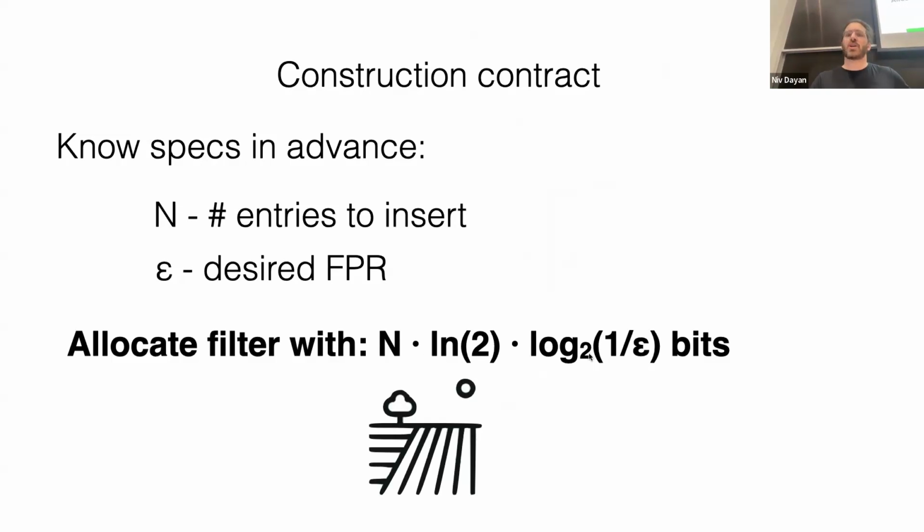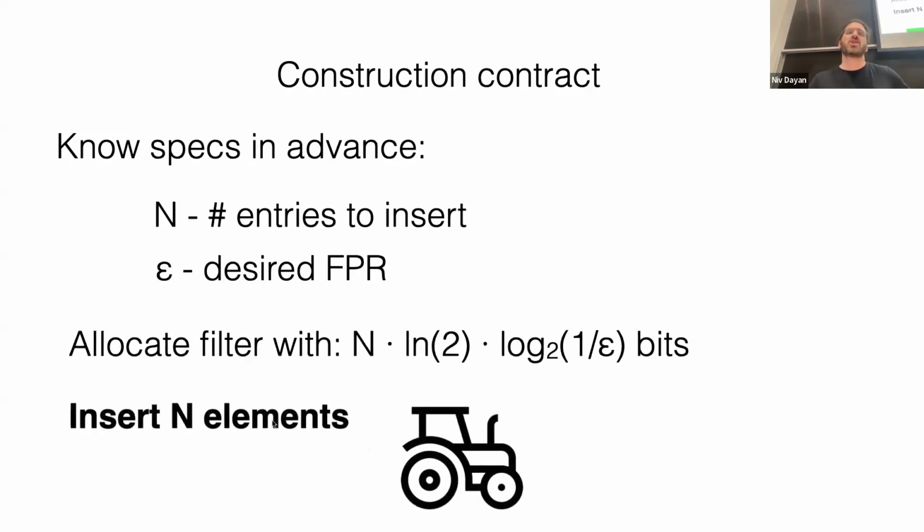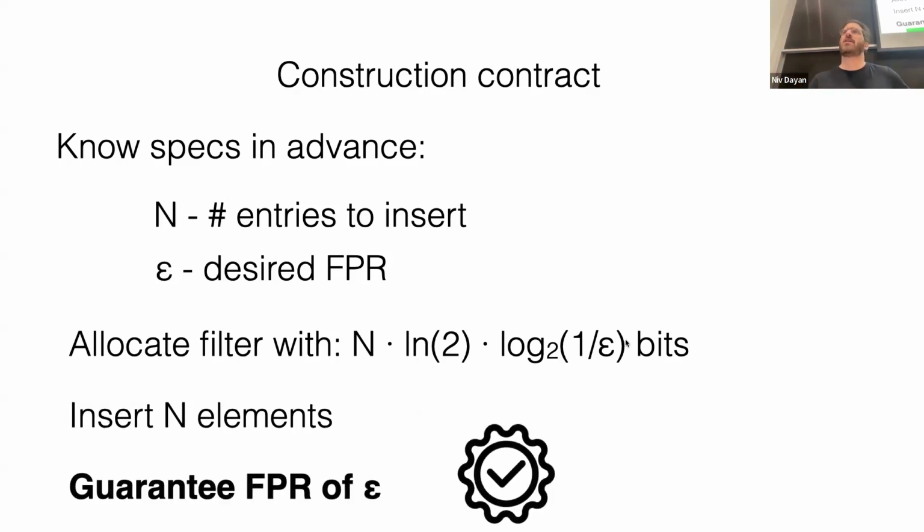So this function depends on the false positive rate and on n, the number of entries. And then just insert the entries as we spoke about using your k hash functions. We'll see what k should be. If you follow this procedure, the filter will guarantee a false positive rate of epsilon. So the key here is you need to know the false positive rate and how many entries you want to insert in advance.